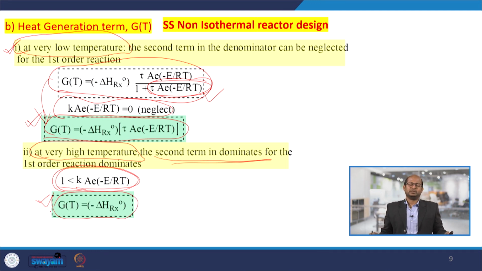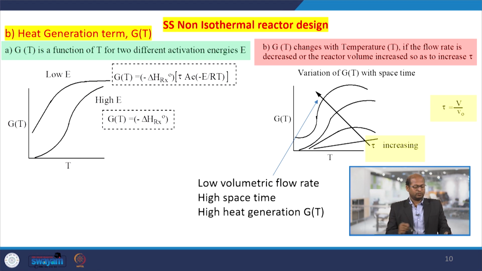So when the reactions are conducted at high or low temperature, depending upon that, heat generation we can write this way, okay. Once we plot G of T against T for high temperatures, it would be like this.